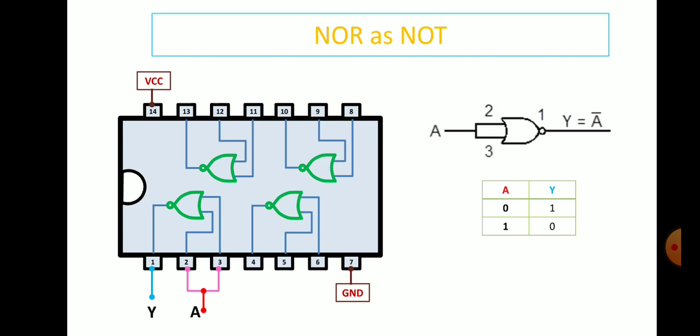If we connect input A to plus 5 volt, that will be considered as logical 1. How can we identify the output? The output will be connected to the LED. If the LED is glowing, it will be considered as logical 1. If it is off, it will be considered as logical 0.